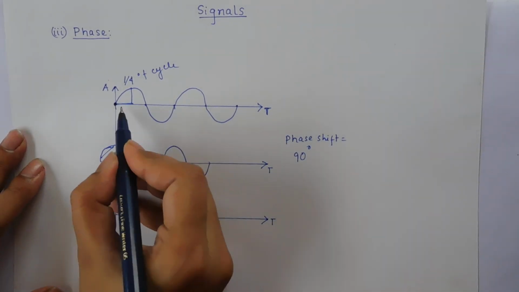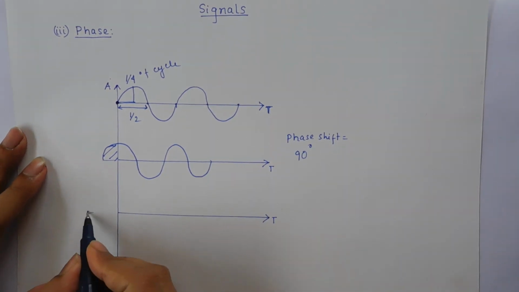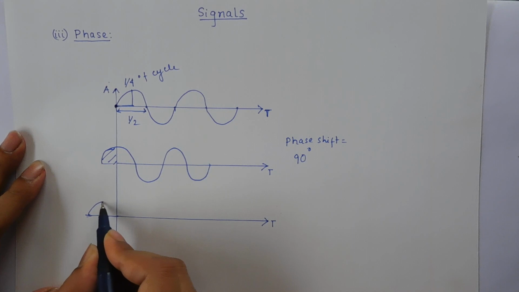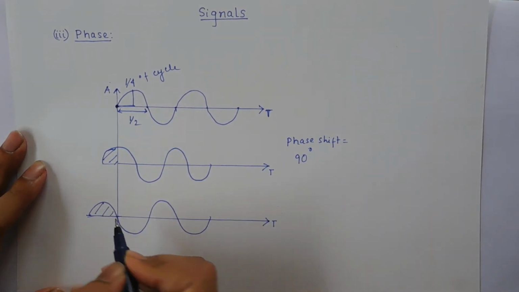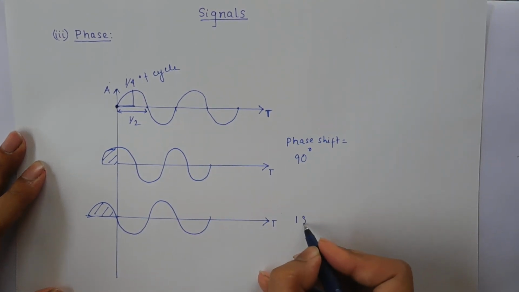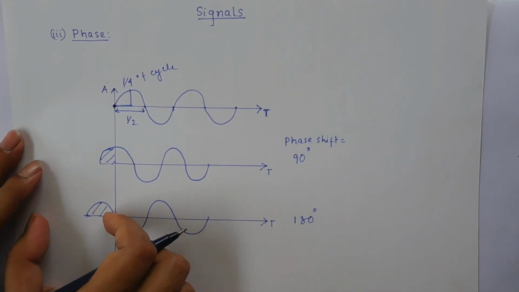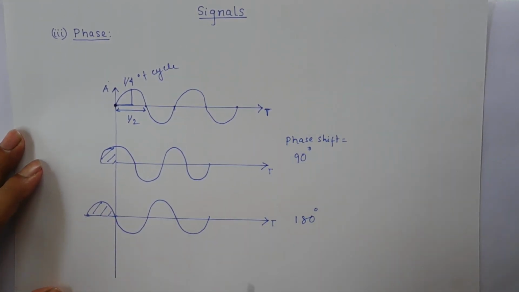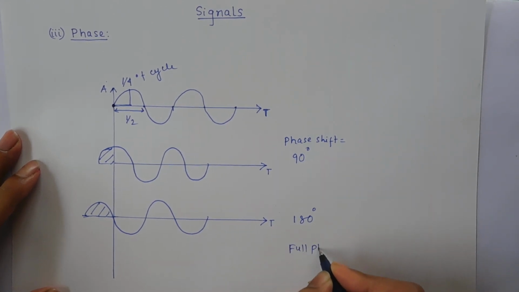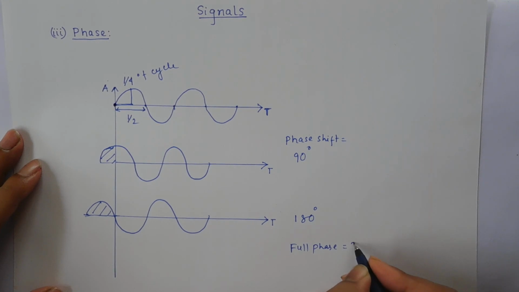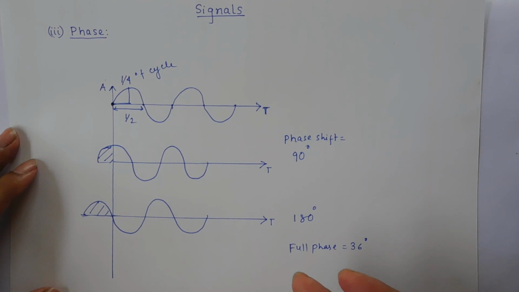If we shift half of a cycle, this is half of the cycle, so we can say phase shift is 180 degrees. If we shift the whole cycle, that is a full phase shift, that means 360 degree shift. Okay, so that is all about the signals.